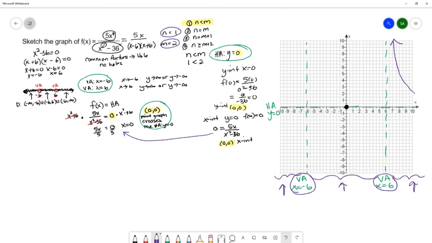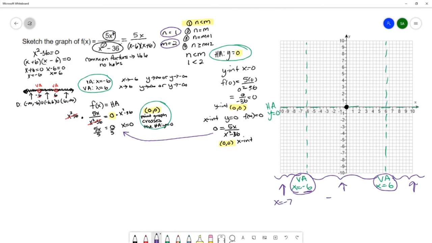So what I'm going to do is choose some points in each one of these intervals. I need to pick a value that is less than -6, like -7. In the middle here, I want to pick a number in between -6 and +6.